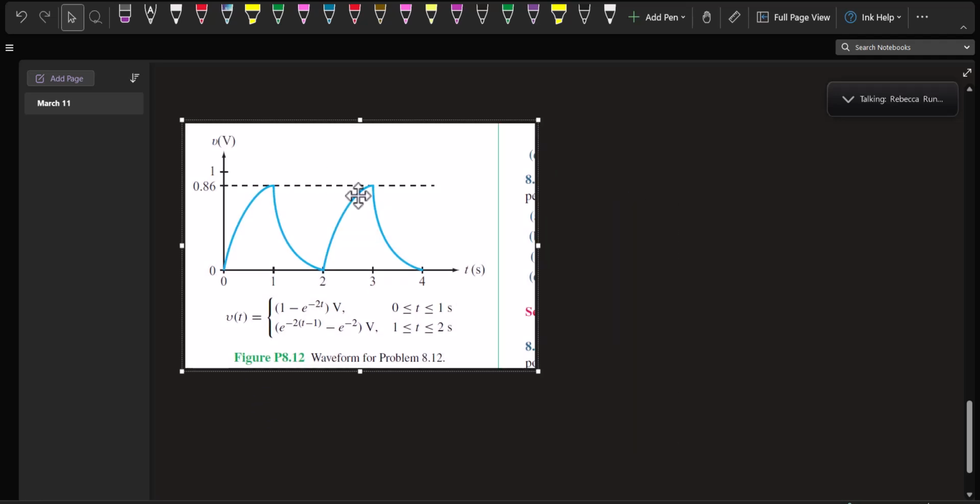Okay, so let's say this was our function, except instead of looking like this, it looked like this.